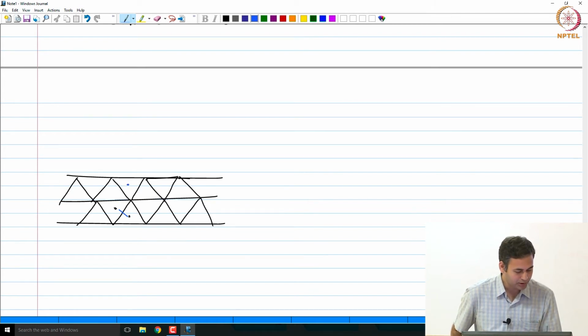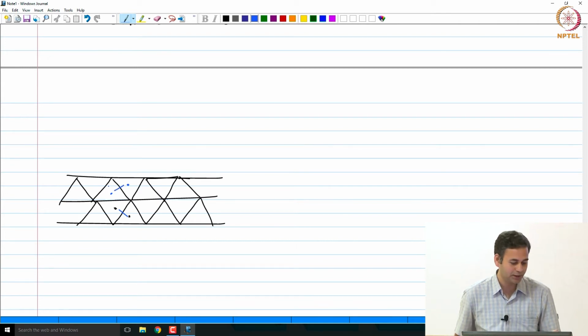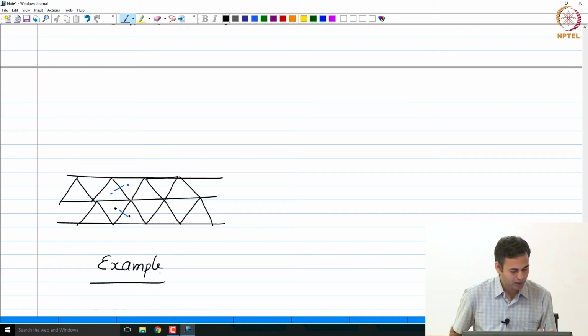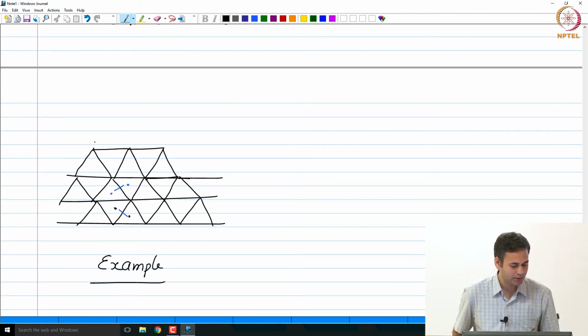Okay. So for example, these are the cell centroids, this is the face, right, and so on. So this is an orthogonal mesh, a kind of an example, right. So we have some structure like this. So this is basically an orthogonal mesh.